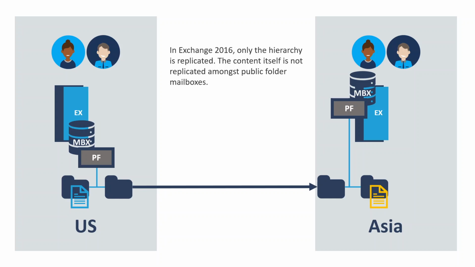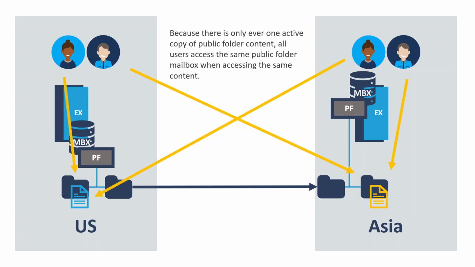If content specific to the US in this example is created, that is the only place that content is stored, in the public folder mailbox in the mailbox database in the US. If users in Asia need to access that content, then they will have to connect directly to that public folder mailbox.